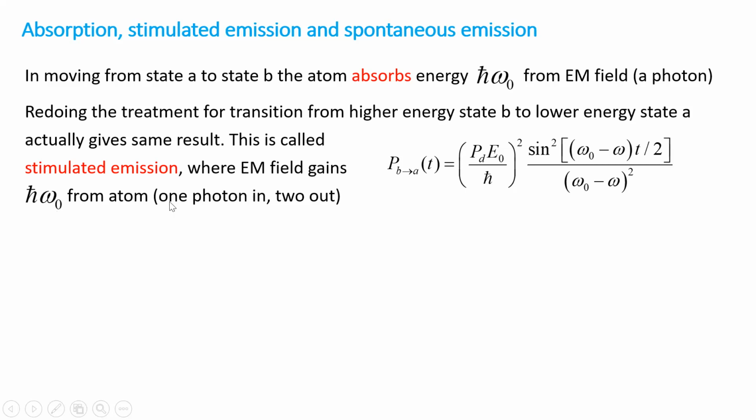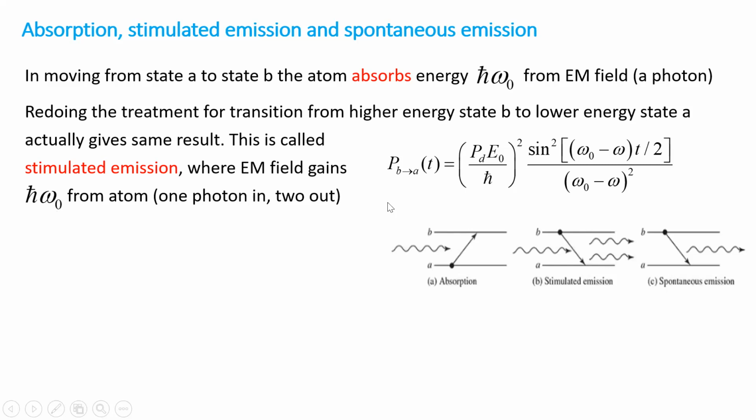In terms of photons, we have really one photon in and two coming out, which is kind of interesting. It's easiest to visualize this. So this first picture here is for absorption, which we talked about before, where we go from the lower to the higher energy state, and we have a photon coming in and driving that transition upward.